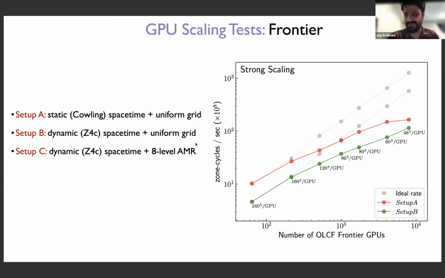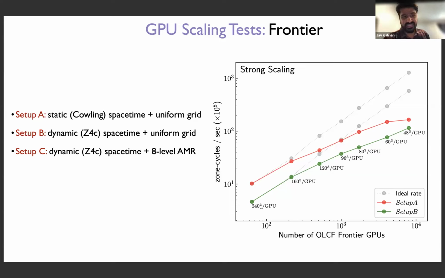To go into a bit more detail, in setup B you increase the workload in terms of the number of equations you want to solve. This is why the green curve is below the red one, because the zone cycles per second decrease. Looking at the scaling also, it goes down to about 20% or so, if I remember correctly, compared to, I think, the 8-node performance.